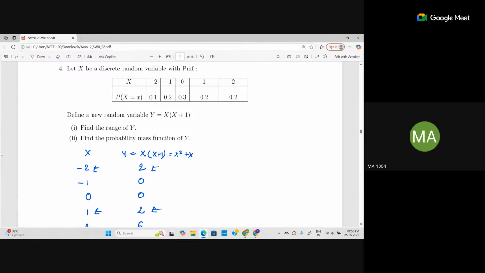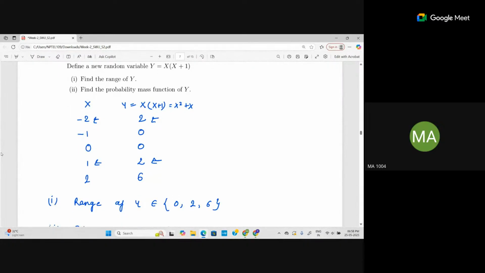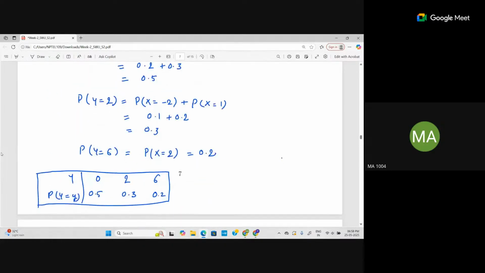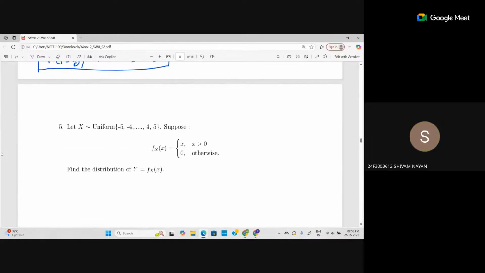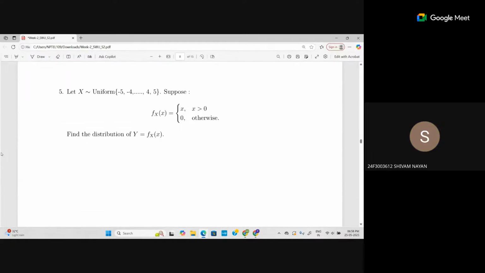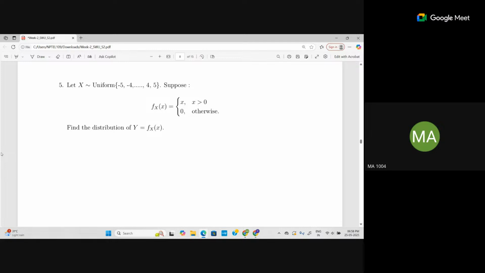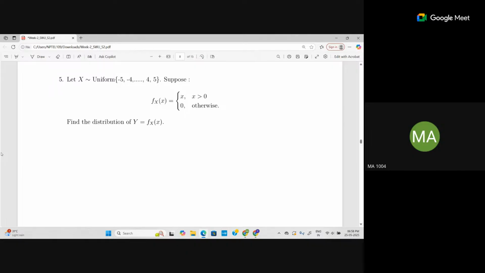So a random variable is always associated with some random experiment, and based on the outcome we define a random variable. As head is 0 and tail is 1. Yes. Okay, try to solve this one.